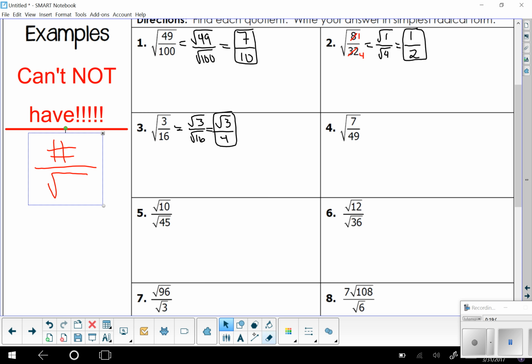So for number 4, it's not to your benefit to actually reduce this. So the square root of 7 over the square root of 49 is equal to the square root of 7 over 7. You can't reduce this because one's in the square root, one's not.